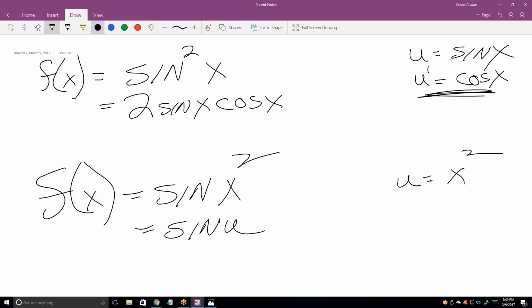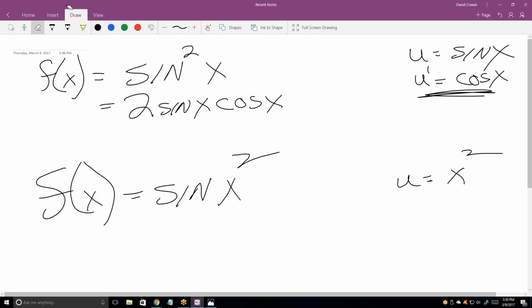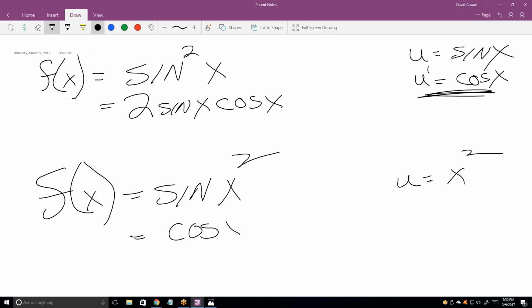Okay? So on the second one, what's the derivative of the outside? Cosine of x squared. In other words, you don't need to change the argument. It's cosine of u, and u is x squared.